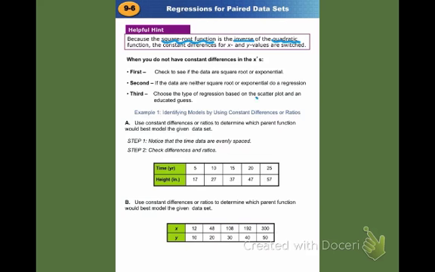Look at the shape of the graph, in other words, what it looks like. If your scatter plot looks like a parabola, then it most likely is quadratic. If it looks like a line, it could be linear. If it looks like one of those cubic graphs, then it could be cubic.